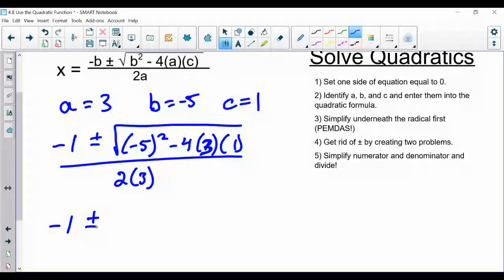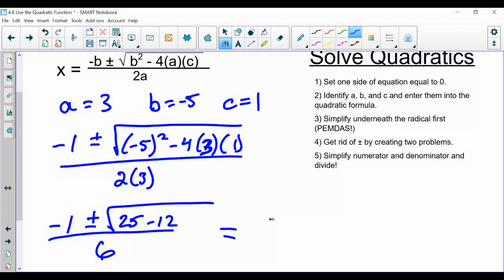Negative 5 squared is 25 minus 12, over 6. Because negative 4 times 3 times 1 was that negative 12. So that gives 5 plus or minus the square root of 13 over 6.